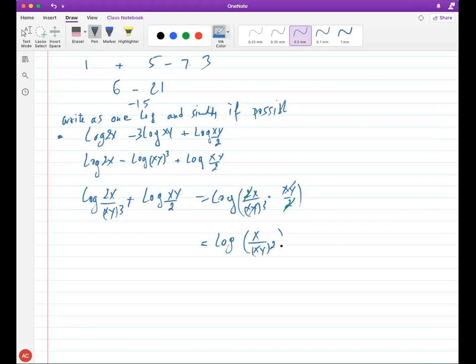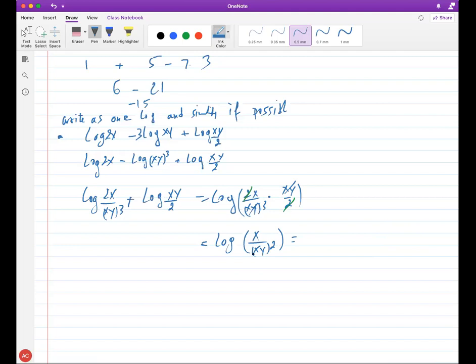Can we still simplify? Why is it 2? You can get rid of one of the x's. Because if you have, let's say, a over a to the power 3, we cancel one of the a's, and there's a 2 here. Oh, okay, I got it. And we can simplify a lot more here. Cancel one of the x's.